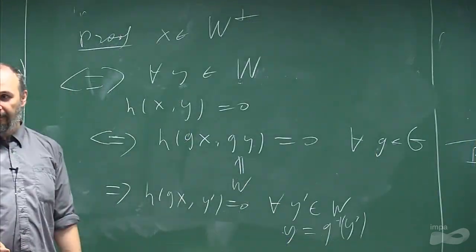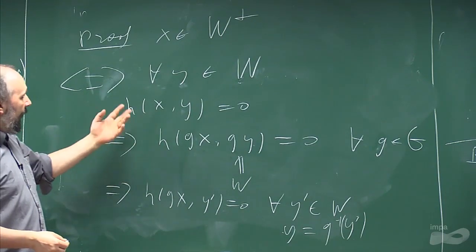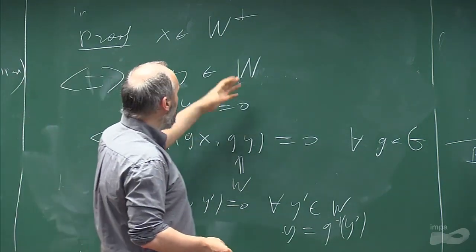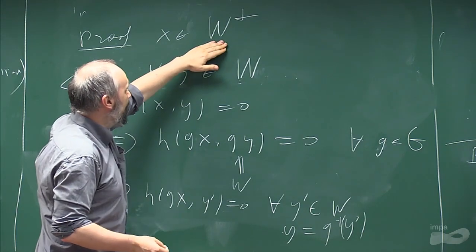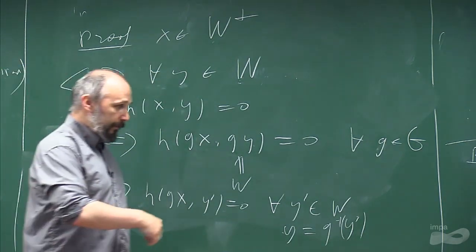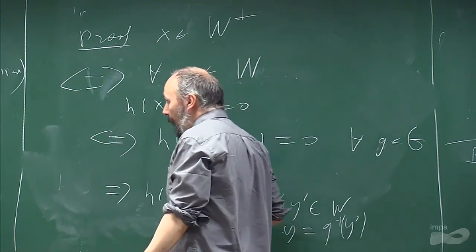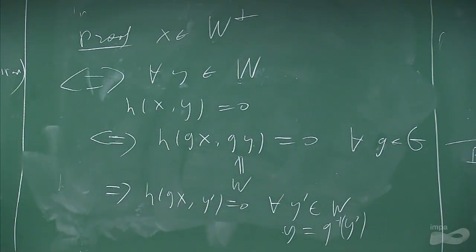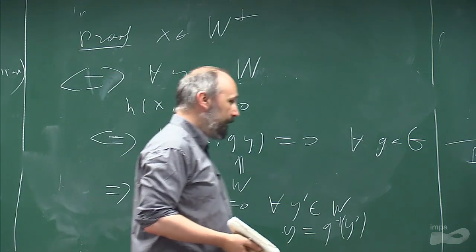This is equivalent. And this is why this space is G-invariant, because for each element in this orthogonal complement, g of it is also orthogonal.